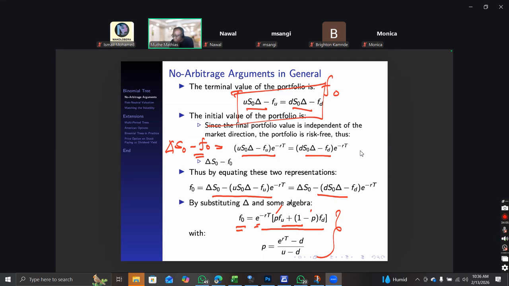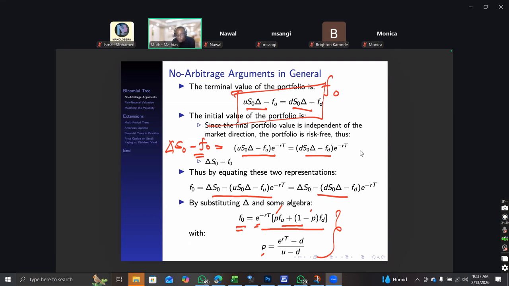And what is interesting is these probabilities are not real world probabilities. These probabilities are estimated by taking e^(rT) minus d divided by u minus d. So this is what we call risk neutral probabilities. Of course, you'll see in the next slide, these are artificial probabilities. They're not real world probabilities, right?